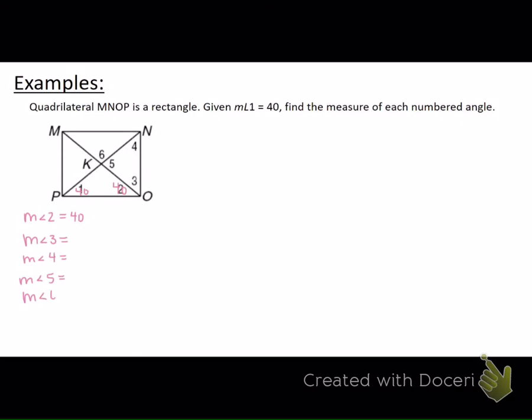Measure of angle 6. How would you find it? You would add 40 plus 40 to get 80, subtract that from 180, which would be 100. And the vertical angle, so you know that these two angles are vertical, so that is also 100.